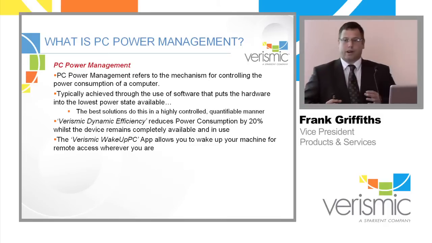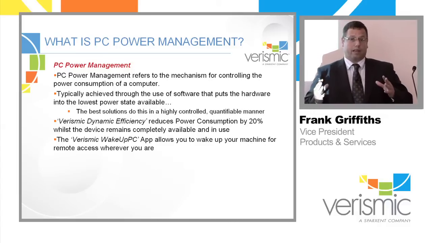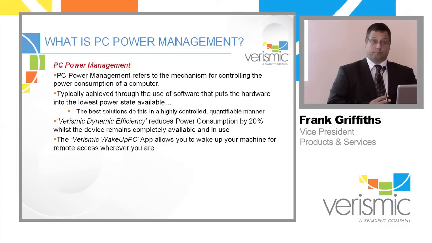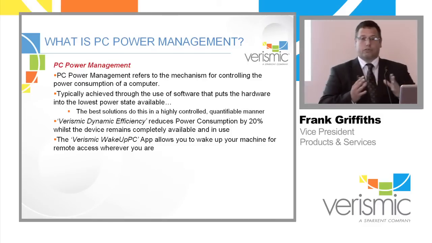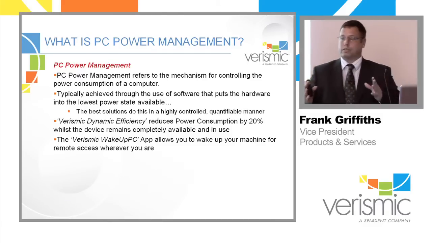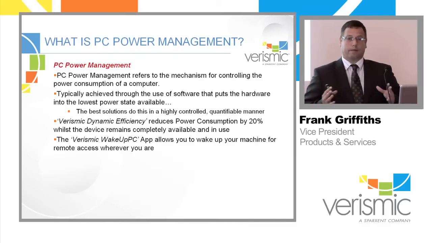Our objectives have been around making sure that we can have maximum deployment of the power policies that have the least impact to the end user. And what I mean by that is there is not a situation where one policy fits every single business. Every single business clearly works differently.